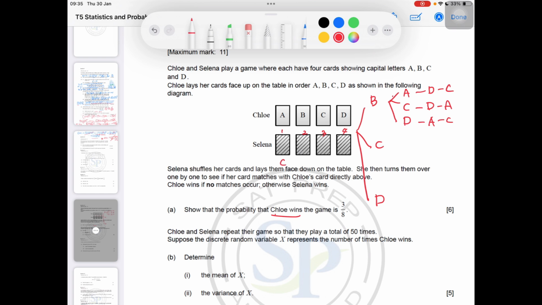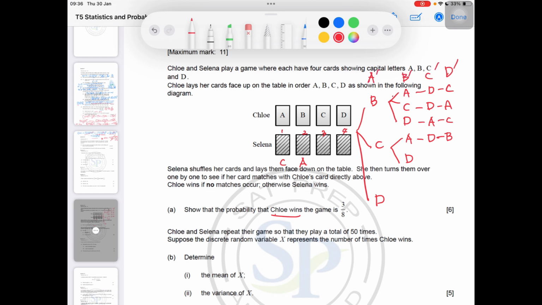So now let's say the first card was C. Then we have A, B, D. So the second card can be A and D only, because B cannot come. So if we have A and C here, we have B and D. So this is the only way, B and D. Let's just make it like this, just to make sure.